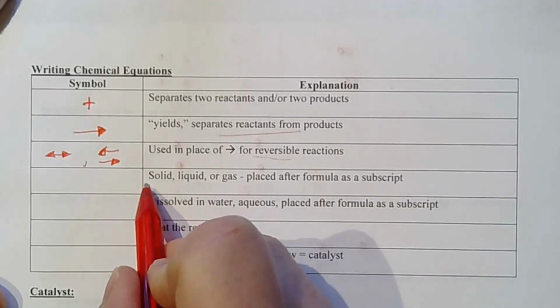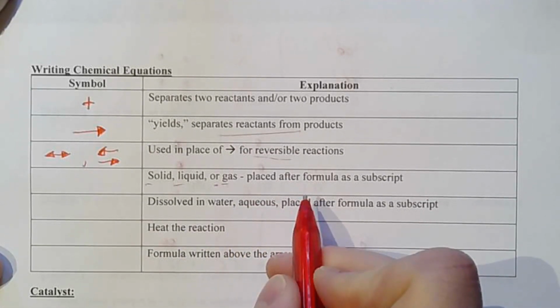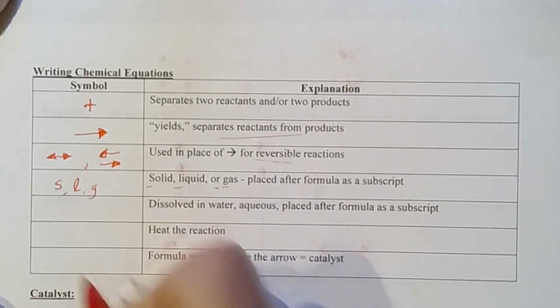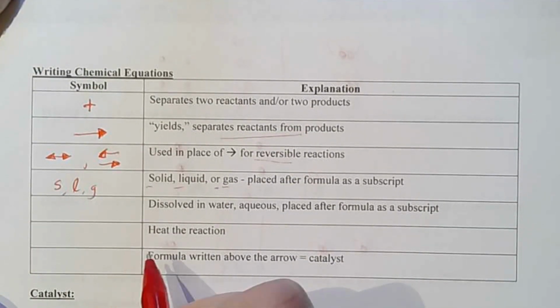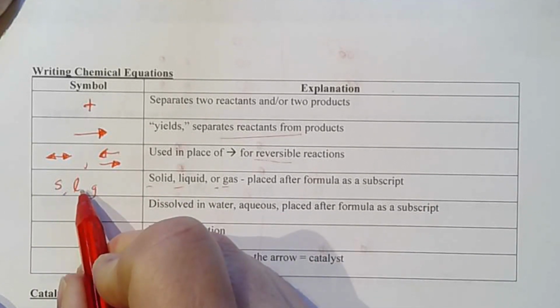You see little subscripts that are letters after a formula. That is telling you the state of matter the material is in. S makes sense, stands for solid, L for liquid, G for gas.